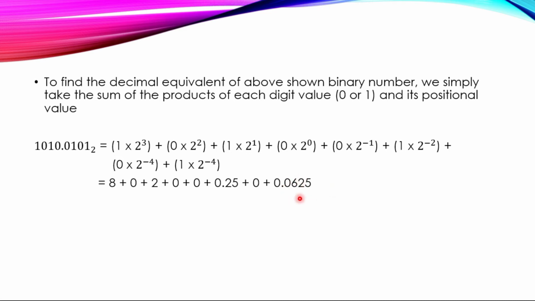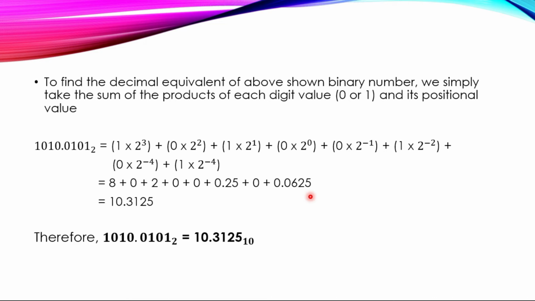After getting these values, you add all the numbers and you get the final answer, that is 10.3125. This is how we can represent a binary number in decimal form. See here, 1010.0101 to the base 2 is equal to 10.3125 to the base 10. To the base 10 means it's a decimal number.